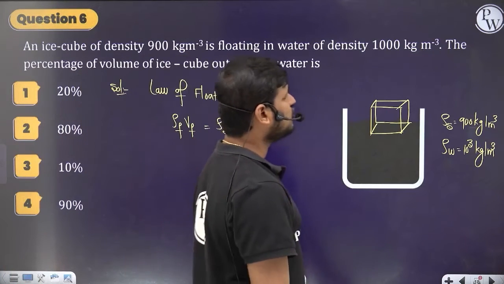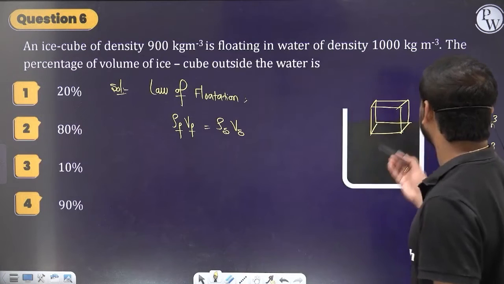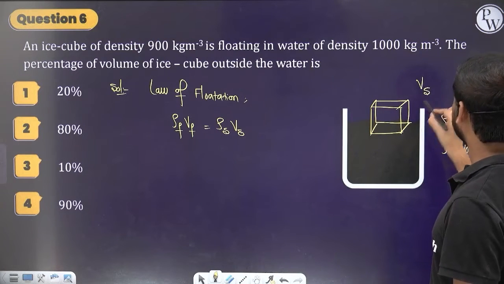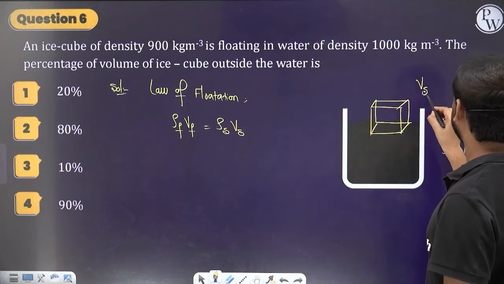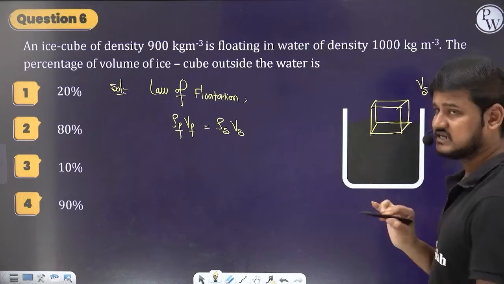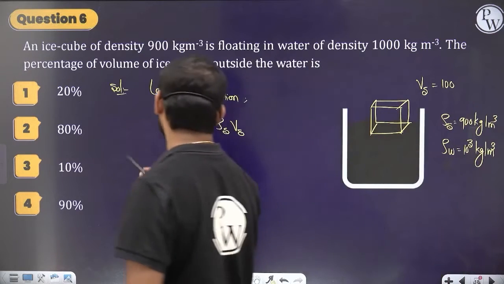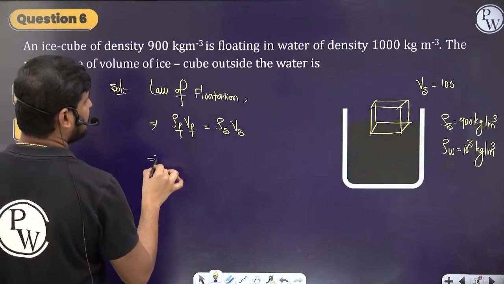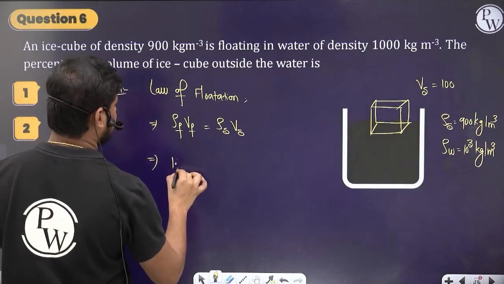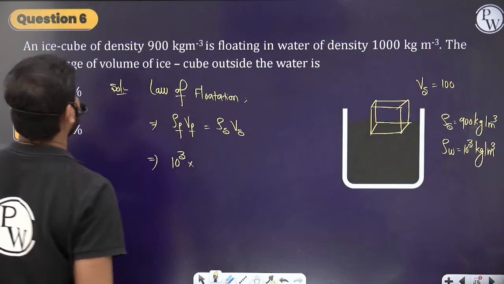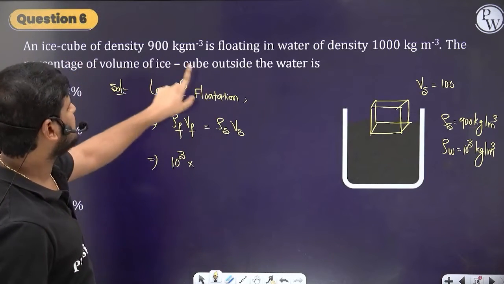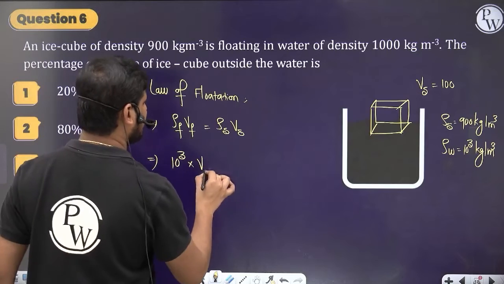Now I don't know the volume of the solid, so let's consider the volume of the solid or ice to be 100. Now what is the density of the fluid that they gave? 10 to the power 3. The volume of the fluid we don't know.